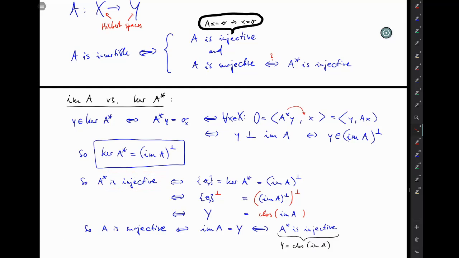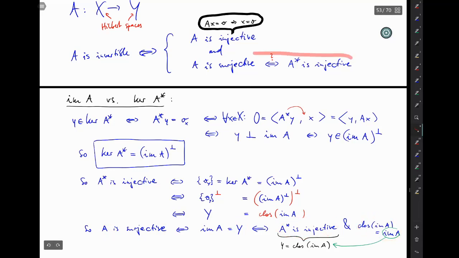Okay, and now we have that Y equals the image of A if and only if Y is the closure of the image of A, and closure of image A is image A, right? Because then you can put image A here, and then you indeed arrive here. So surjectivity of A means injectivity of A star and a little extra condition.